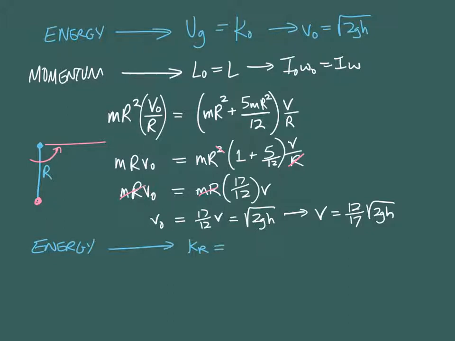So rotational kinetic goes to gravitational potential, which is another half I omega squared equaling an mgh. So I have 1/2 of, let's see, what was it?